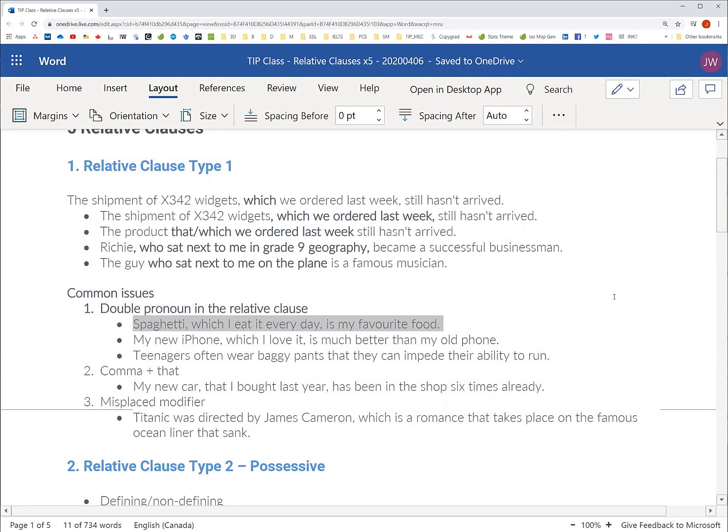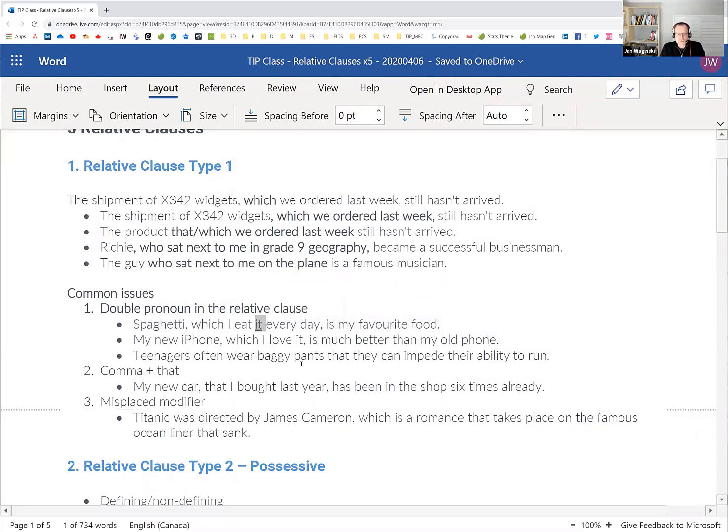I think spaghetti is not specific enough. No, this is a pure grammar problem. There's one word in there that should not be there, that cannot be there. It. Yes, you got it.